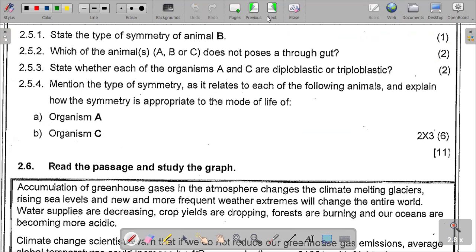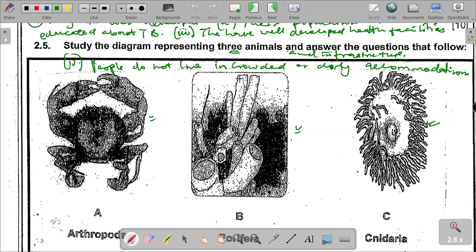Type of symmetry. When something is symmetrical, it means it can be divided equally into equal pieces.